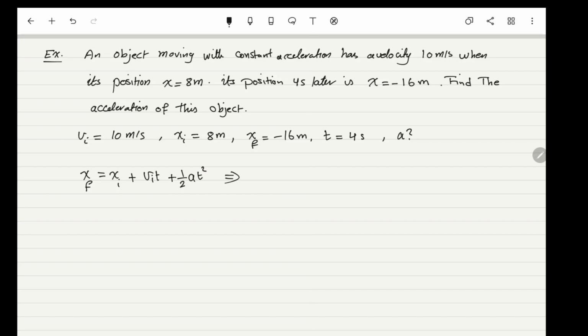Now let's substitute: minus 16 equal to 8 plus v initial t, which is 10 times 4, plus half a times 4 square, it's 16. So you solve this, we'll find that a in this case is equal to minus 8 meters per second square.